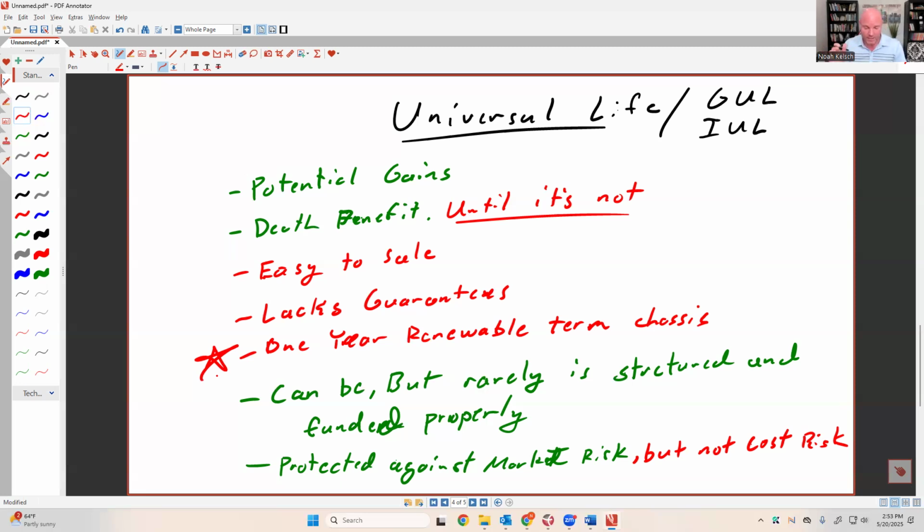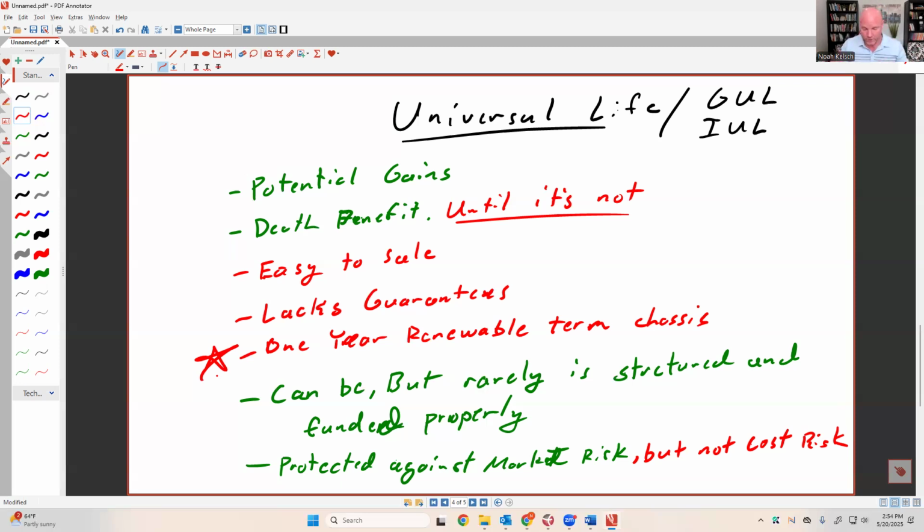Again, I've seen it way too many times. So there is no guaranteed death benefit. There is no guarantee of cash value. That's not good. If you're using this as a foundational component, you want guarantees in your foundation. You don't want instability. You don't want a rocky, a sandy foundation. You want a solid foundation built on solid principles.